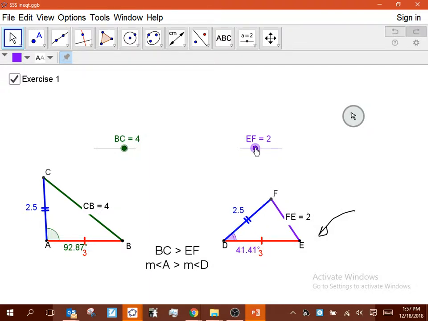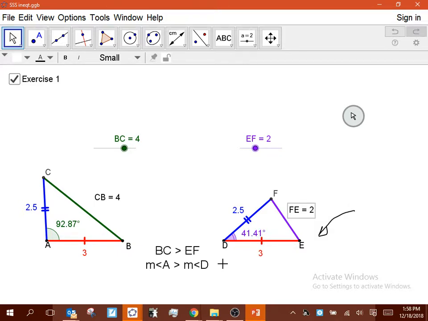I just want to make sure that people don't make the argument that because that one is twice as big as this one, it does not necessarily mean that that angle there is twice as big as that angle. Does that make sense? Okay. Make sure we're not making that conclusion, and that is not a valid statement. So that is side, side, side inequality. Is that all right, everyone? Yep. Okay.